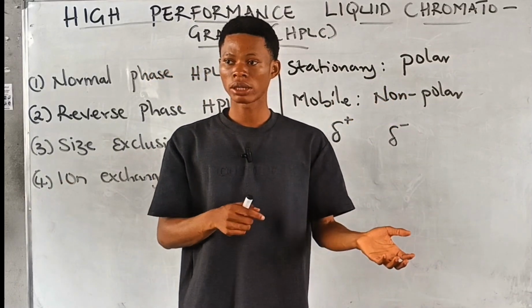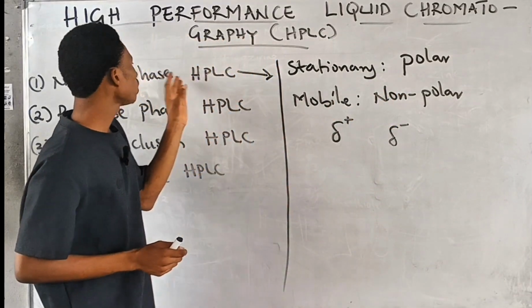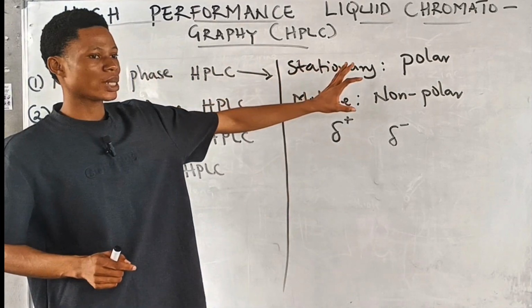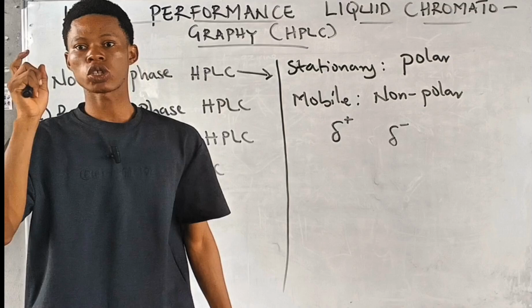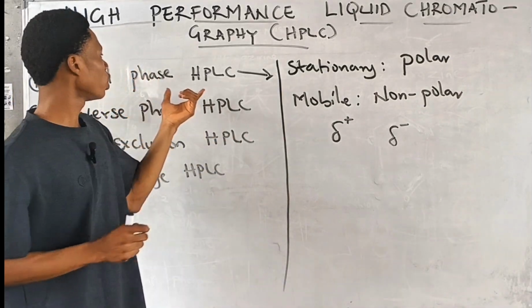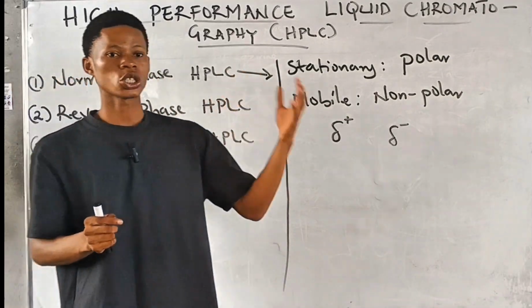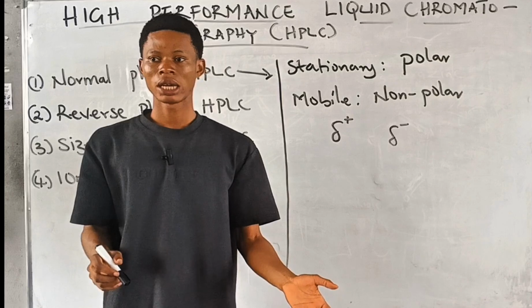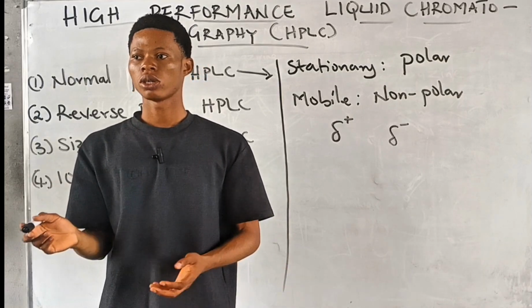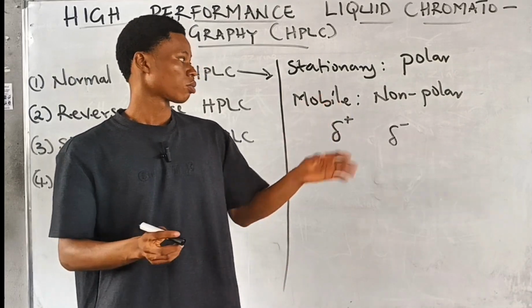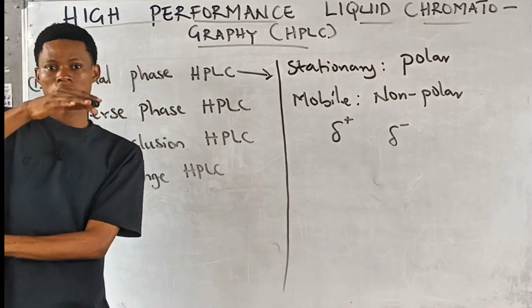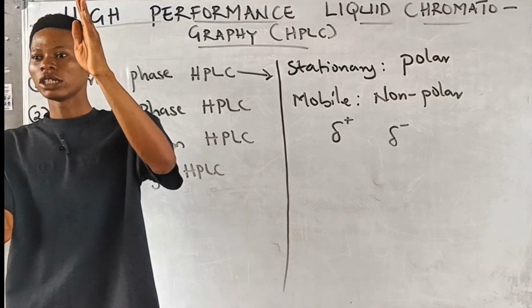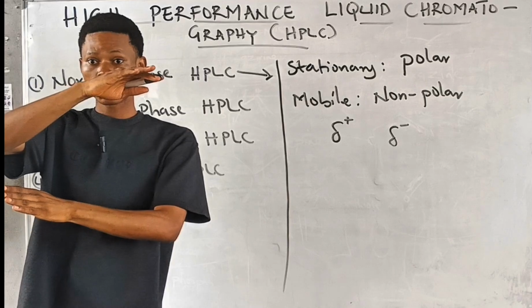Polar interacts with polar. This works mainly based on polarity. What you have to note in this normal phase is that the stationary phase is polar and the mobile phase is non-polar.